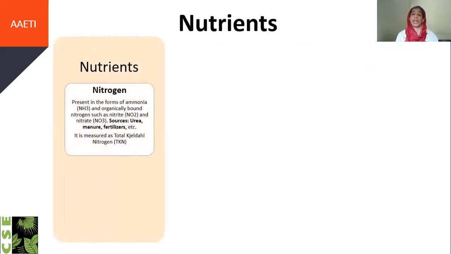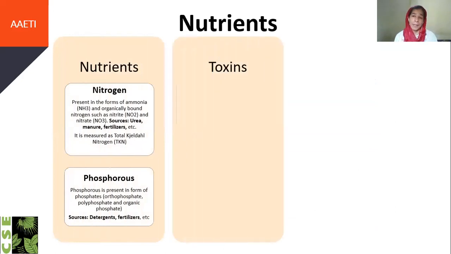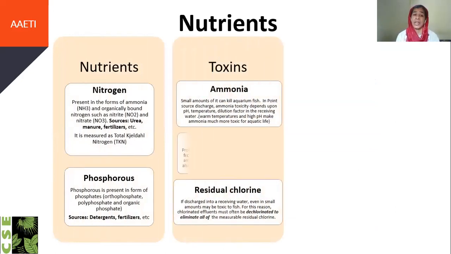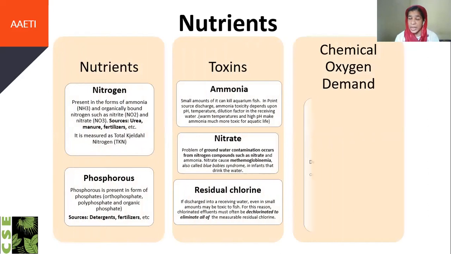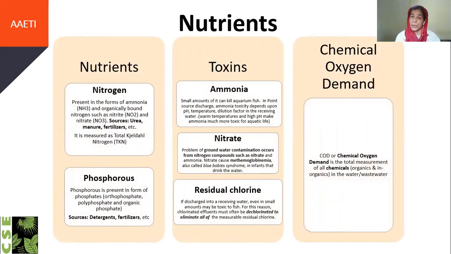Another component when we talk about the chemical characteristics are the nutrients, nitrogen and phosphorus, which are present in the wastewater. However, if we treat the wastewater properly, these nutrients are a source of resource.